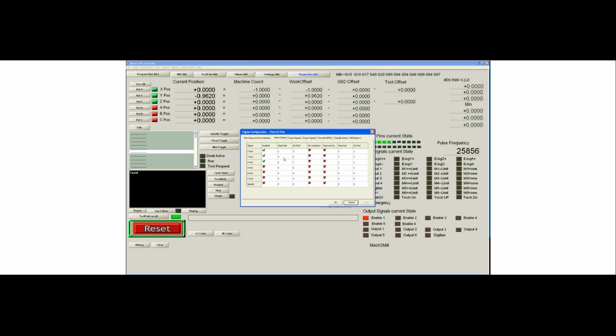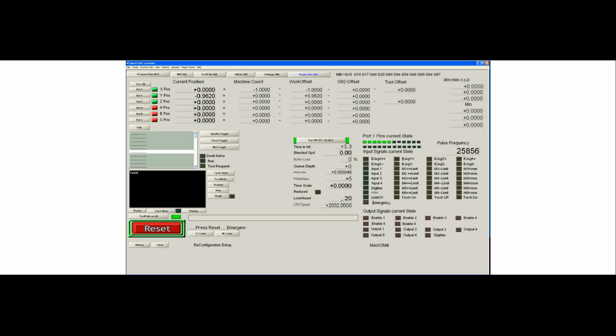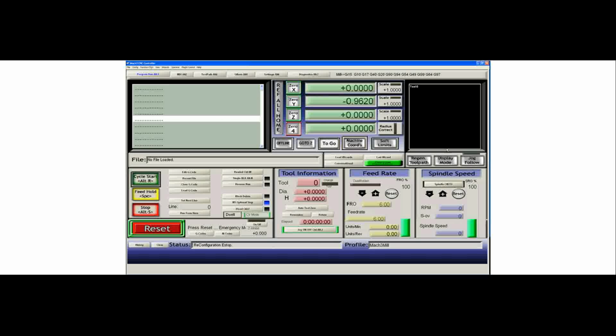And make sure that under motor outputs you have ports selected under step port and direction port, and that you have the pins set the way you had them set, 2 and 3, 4, 5, 6, 7 in this case, in Mach2. If you set these the same as you had them in Mach2, your system should now be running. That's pretty much it for making a system run Mach3 after it's been running Mach2.